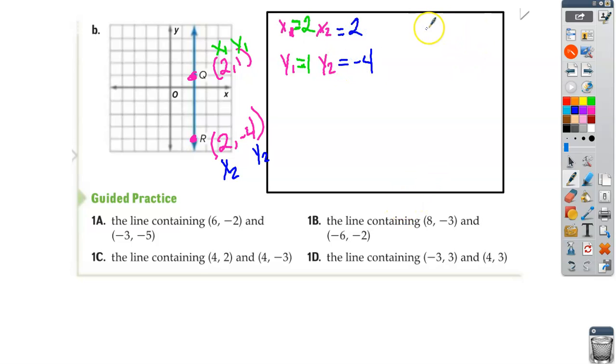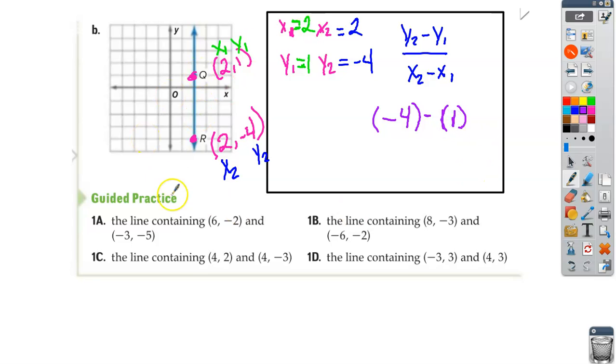Now let's plug these into our equation. We've got y2 minus y1 over x2 minus x1. Plugging them in. Y2 is -4 minus 1.